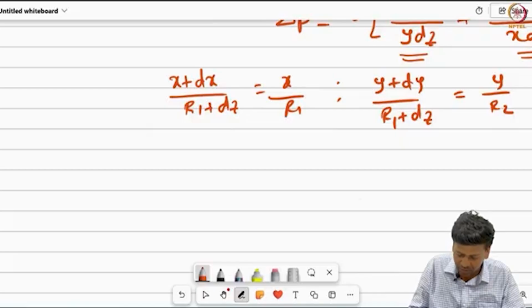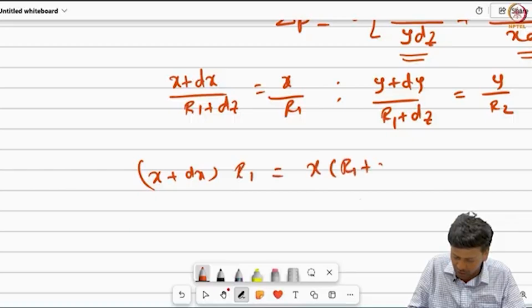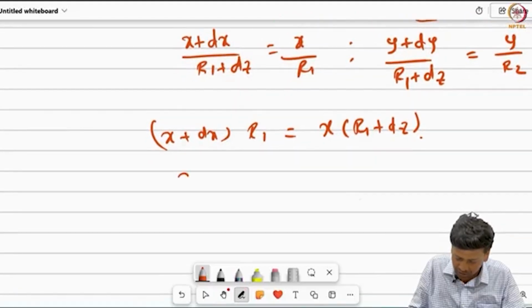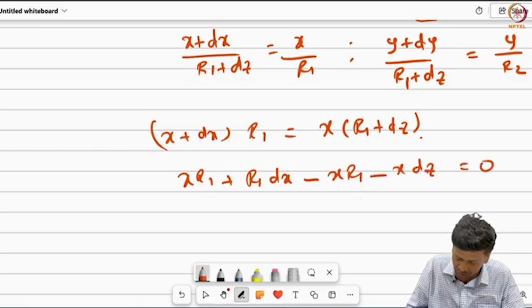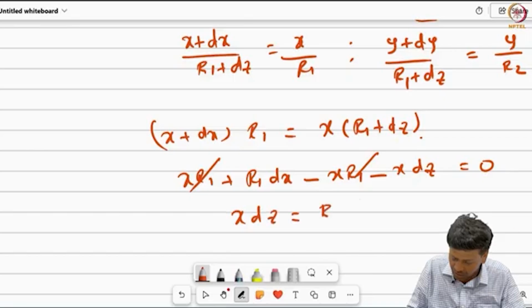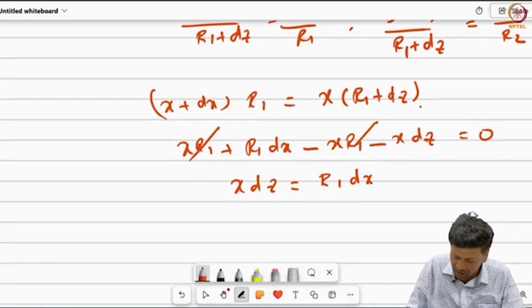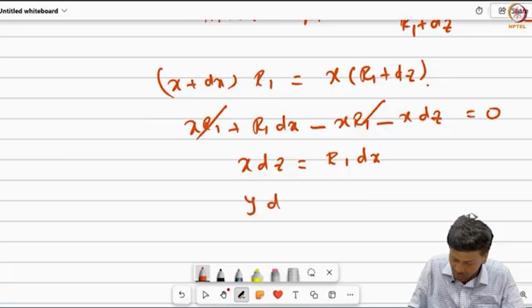If I simply simplify this, I would get x plus dx into R1 equal to x into R1 plus dz. Similarly, simplifying, I would get minus x R1 minus x dz equal to 0. x R1 can be cancelled. x dz is equal to R1 dx. Similarly, if we do for the other case, you will get y dz is equal to R2 dy.